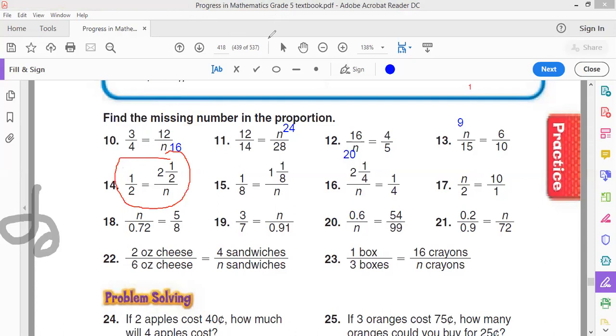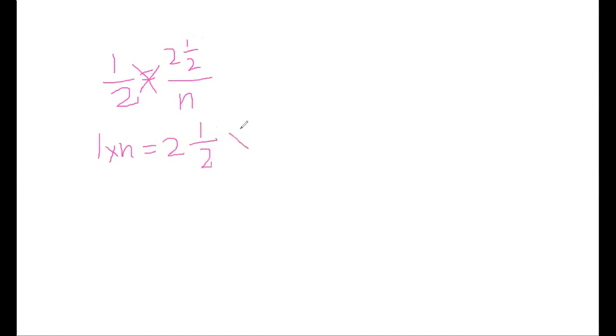Okay, I will move to the whiteboard and solve it here. We have the question 1 over 2 is equal to 2 whole 1 over 2, over n. I will use the cross product rule. 1 times n is equal to 2 whole 1 over 2, which means 2.5, times 2.